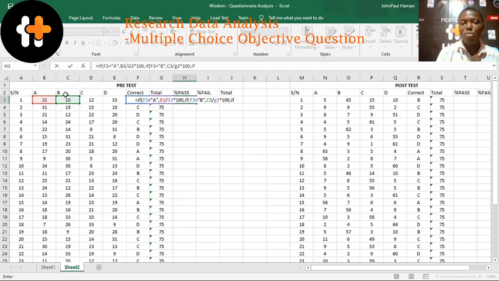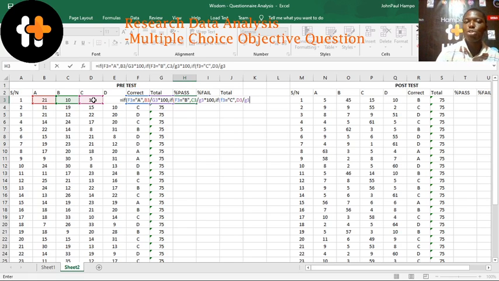Then also do it if the cell F3 is equal to C. Then you say C divided by G3, which is the cell of the total.